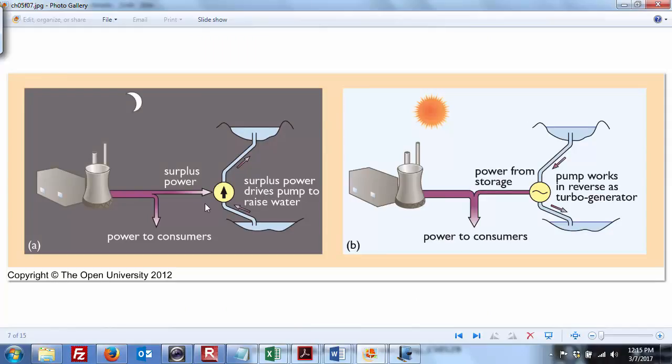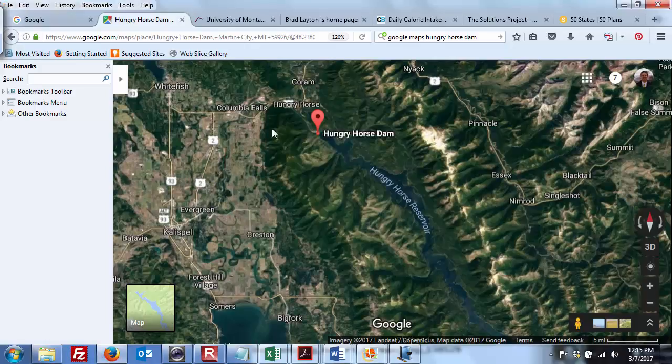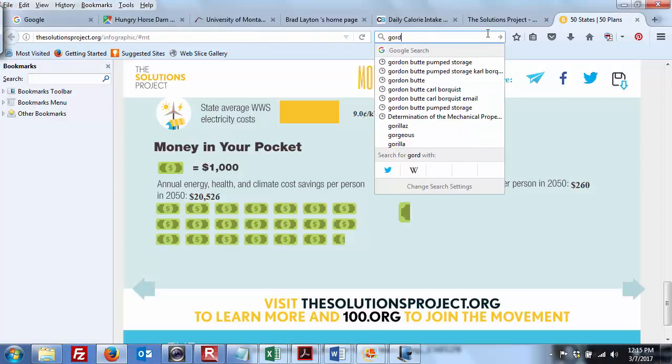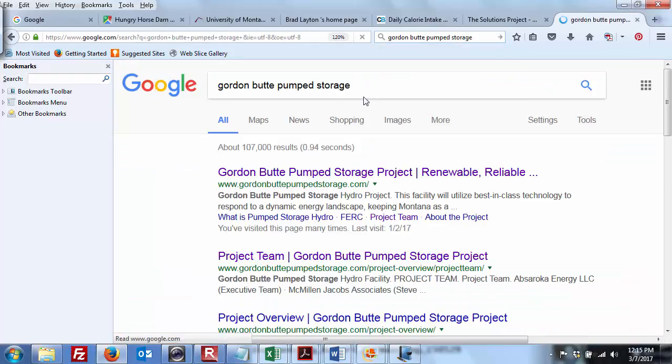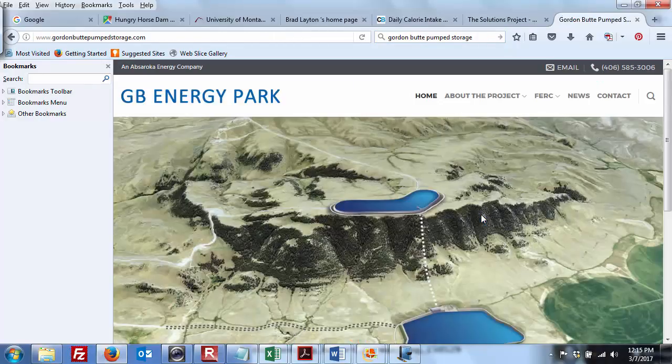Yeah, and this guy is just, in my opinion, all kinds of cool. Gordon Butte Pump Storage. And these guys did just get funded.